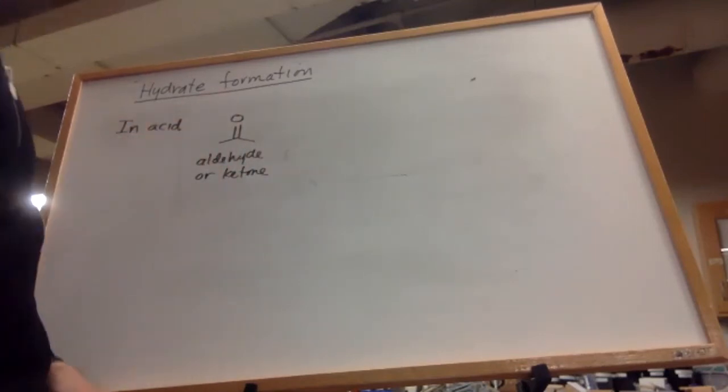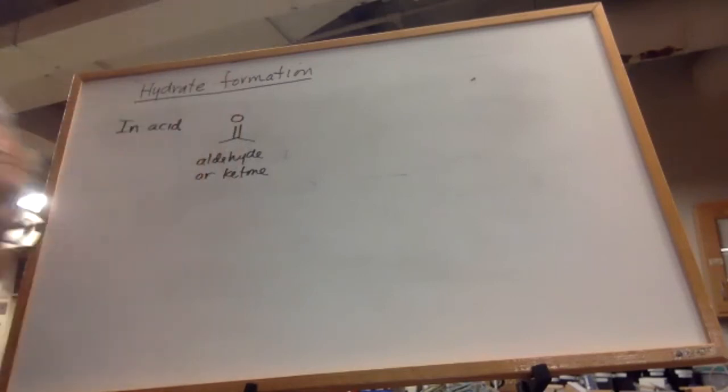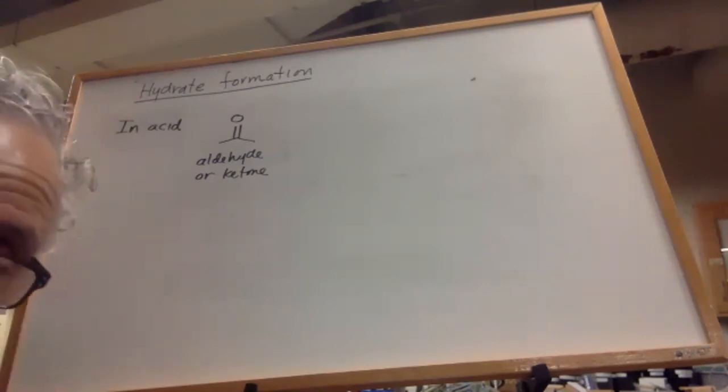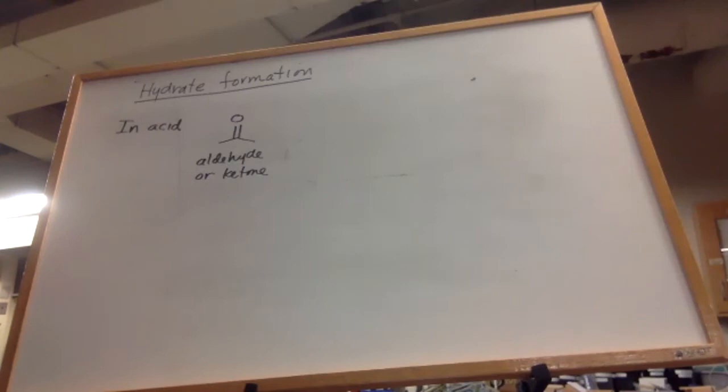Okay, so what I'm about to say now is something that I'm going to repeat over and over and over again. Whenever you see an aldehyde or a ketone, or whenever you see a carbonyl compound, and it is in acidic conditions, in other words, there are protons around, H+, the first thing that nearly always happens is protonation of the carbonyl oxygen.